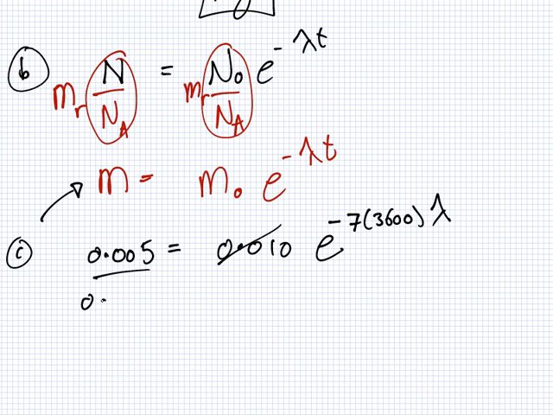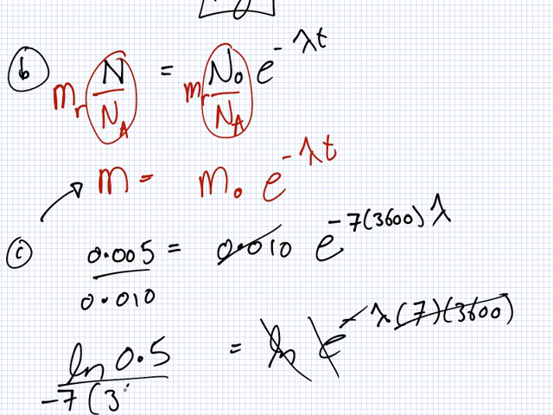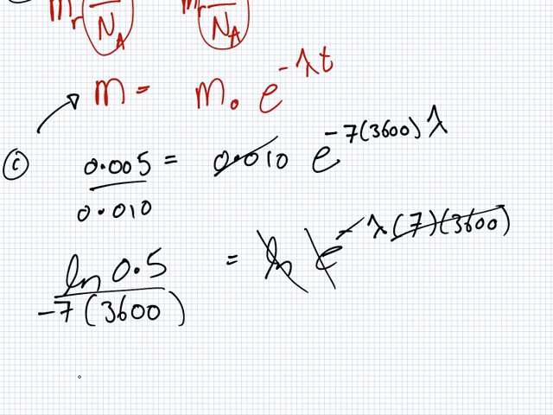Divide, so that becomes 0.5. And then of course lambda, log, and of course cancel, and of course again divide by that. So this can be simplified a little bit. It becomes log 2 over 7 times 3,600. Don't worry if you can't see that immediately, because I just want to type less on the calculator.